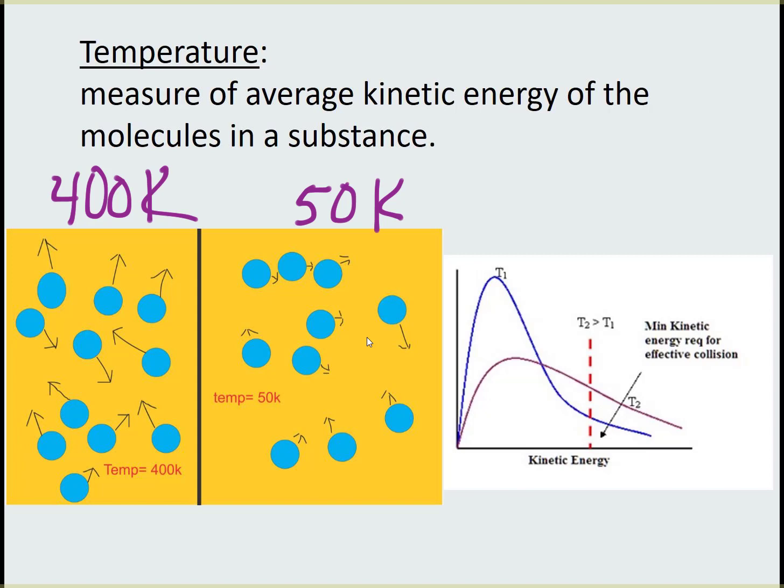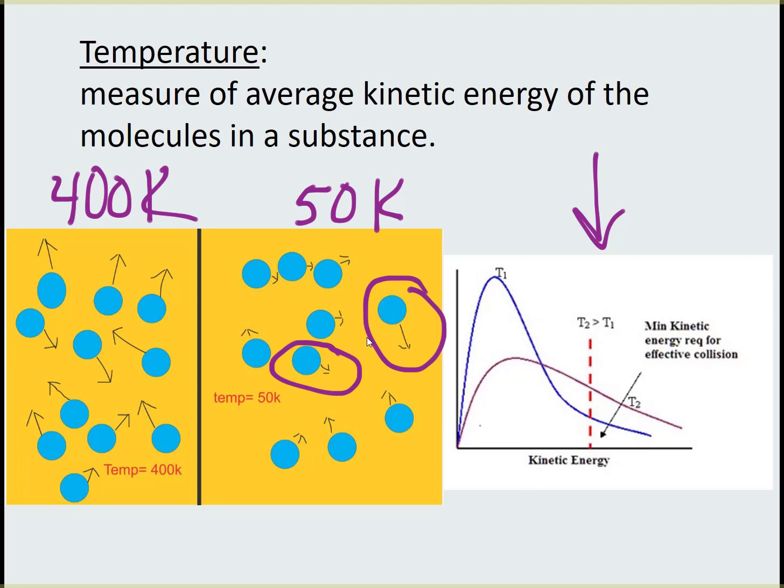Looking at the colder of the two, my 50 Kelvin, again, you see that we have some molecules that are moving a little bit fast and some that are moving really slow, based on the length of the arrows. This diagram over here on the right also describes this. The blue line is descriptive of a colder temperature.